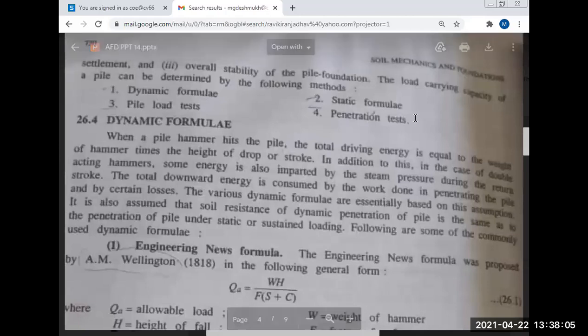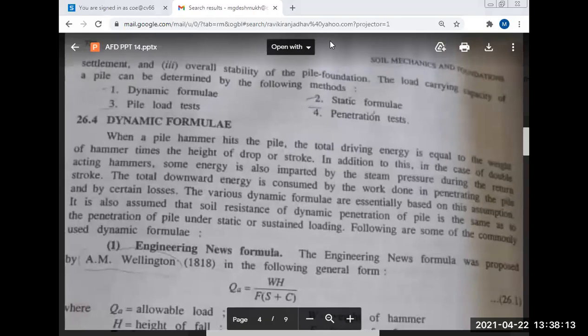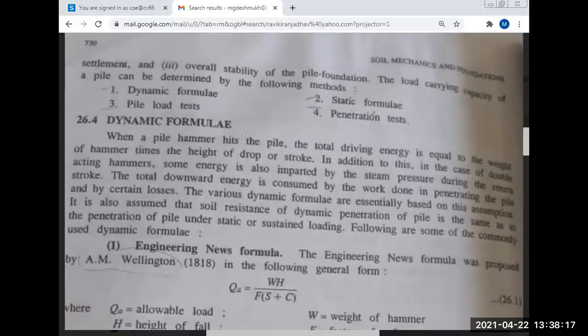And fourth is penetration tests. The standard penetration test you did. So using such methods, we can find the ultimate load bearing capacity of the pile.